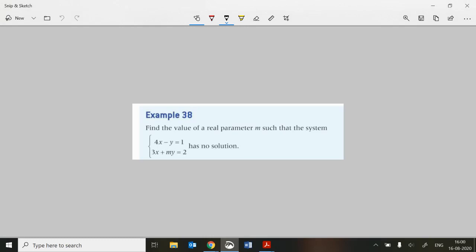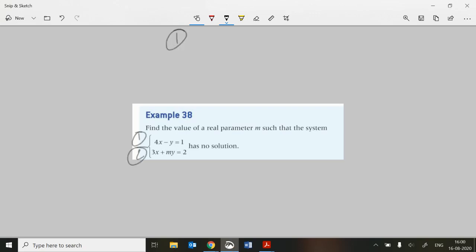And it says find the value of a real parameter m such that this system has no solution. Okay, so let's try and solve these two equations, and let's do a rearrangement of the first one. So let's call it 1, 2.